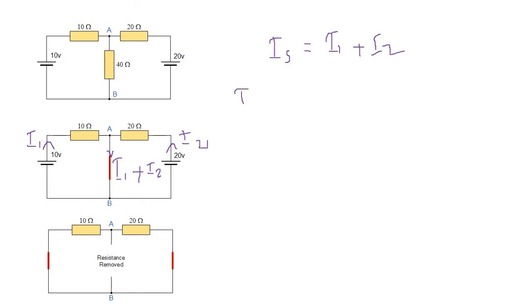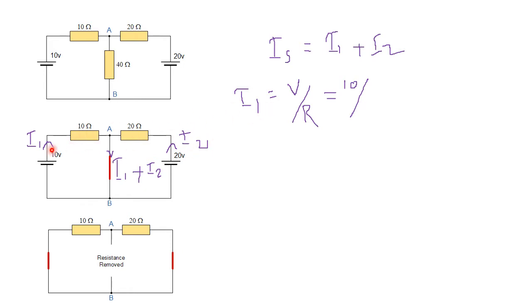According to Ohm's law, I1 will be equal to delta V over R. Here the supply voltage is 10 volts, so 10. The external resistor here we can consider as the internal resistor, and the resistor is 10 ohm.